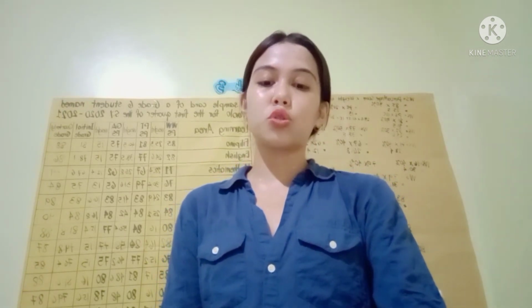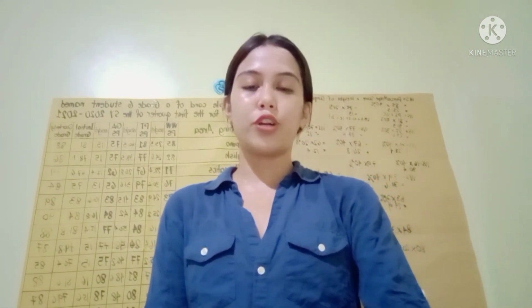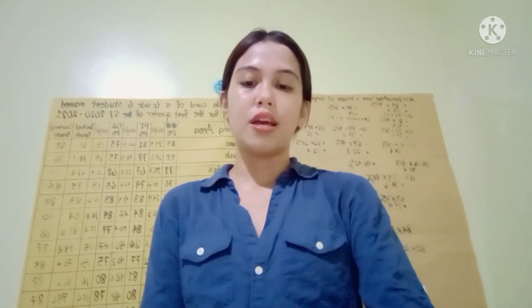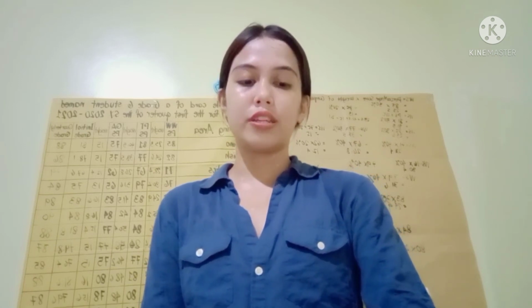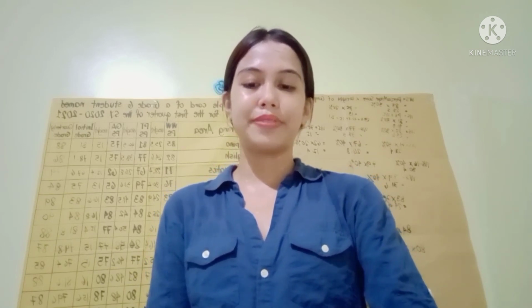Then compute the weighted scores for each component, which is 20% for the written works, 60% for the performance task, and 20% for the quarterly assessment. Add the weighted scores to get the initial grade and transmute it to get the final grade.